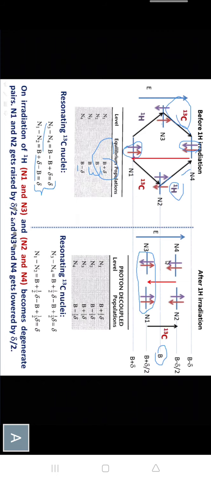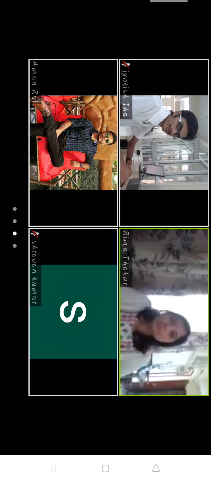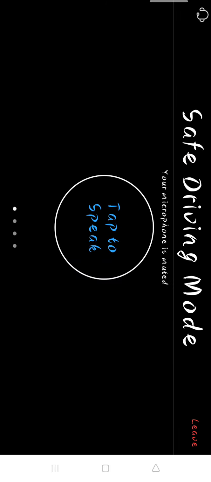All four have not gone to the degenerate level, otherwise we would not see the carbon transition either. Here we have only eliminated the transitions of the proton. So now if I look at the number of resonating nuclei, again N3 minus N4 is delta, N1 minus N2 is delta.